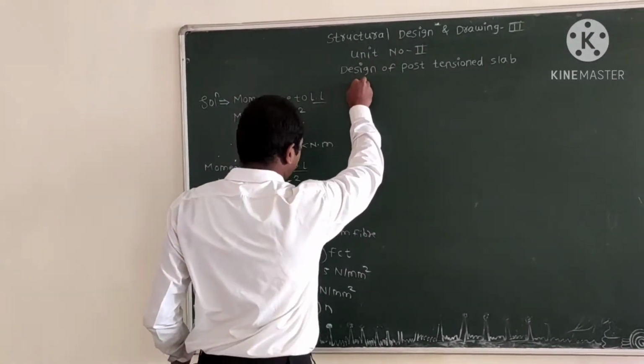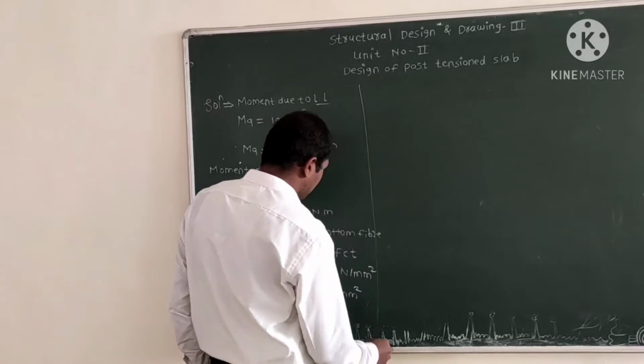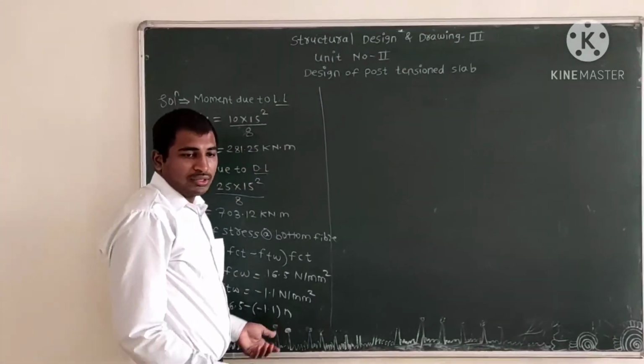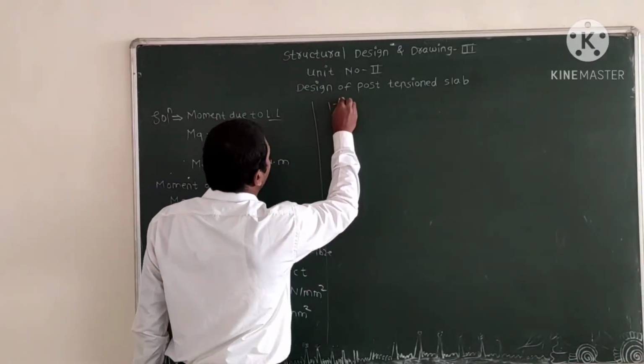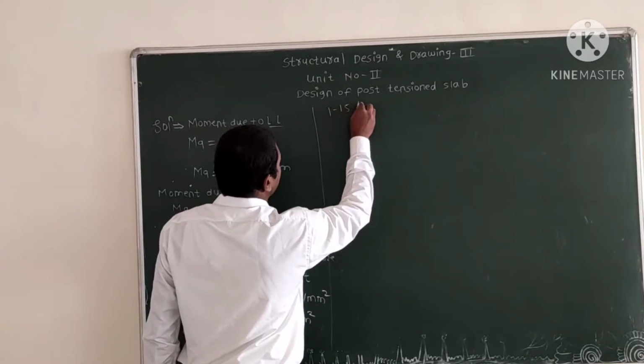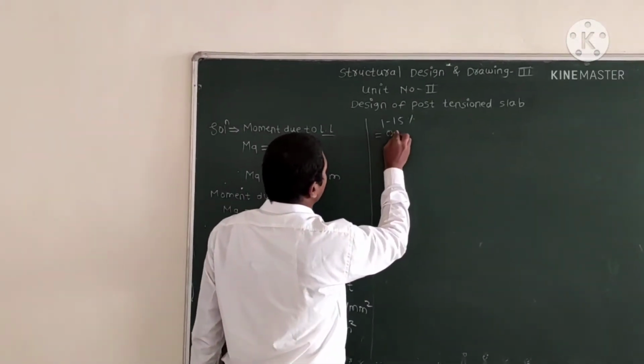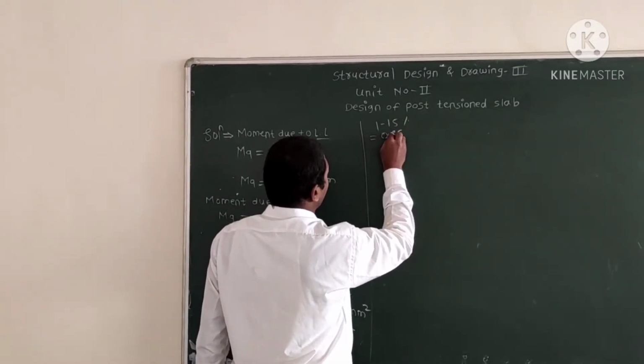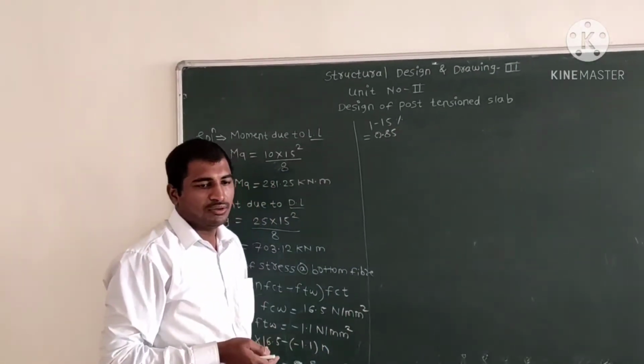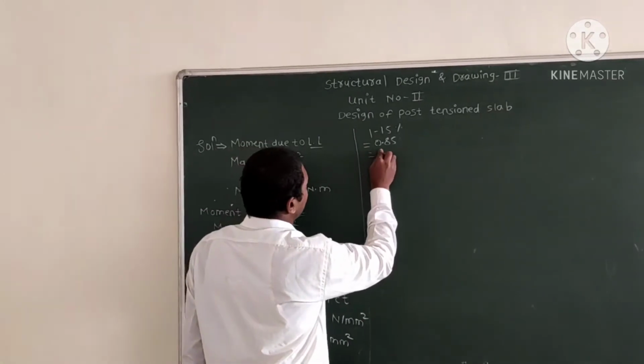Then calculate 1 minus 15%. The answer is 0.85. Then 15.12.